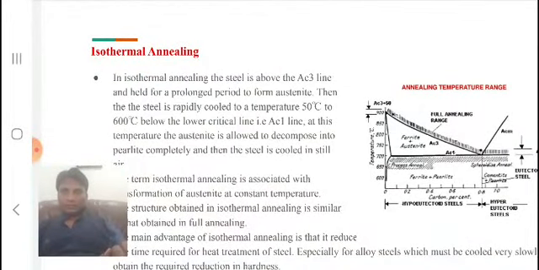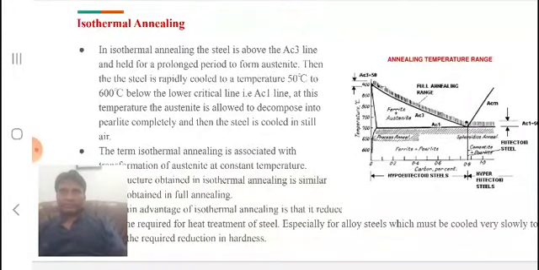So this is one type of annealing, and the next type of annealing is isothermal annealing. In isothermal annealing, the steel is heated above the A3 line and held for a prolonged period to form austenite.